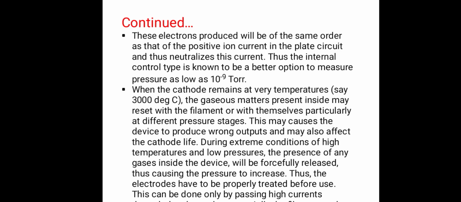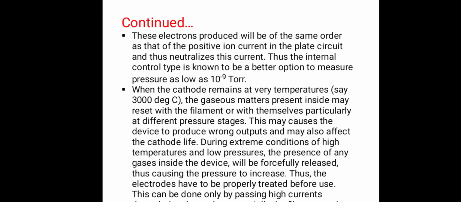This electron current produced will be of the same order as the positive ion current in the plate circuit and thus neutralizes this current. Thus the internal control type is known to be the better option to measure pressure as low as 10 to the power minus 9 torr.